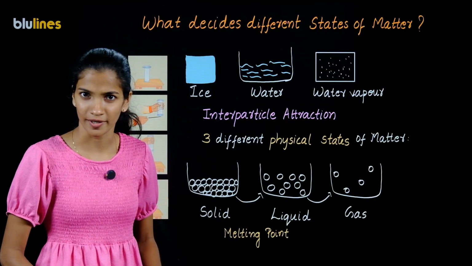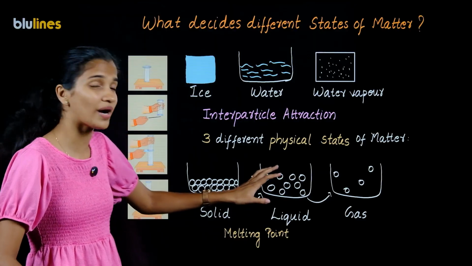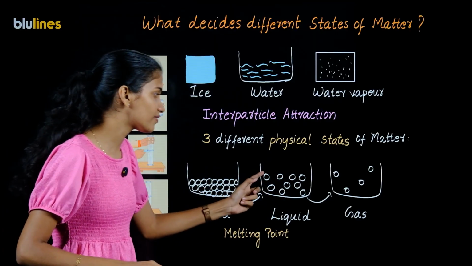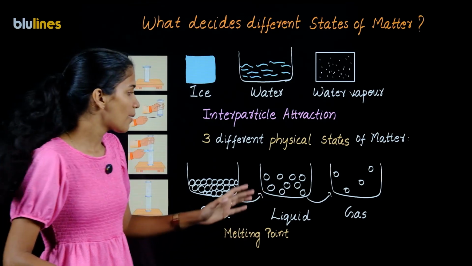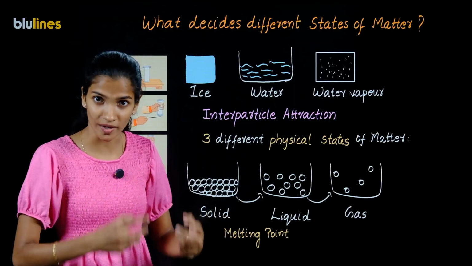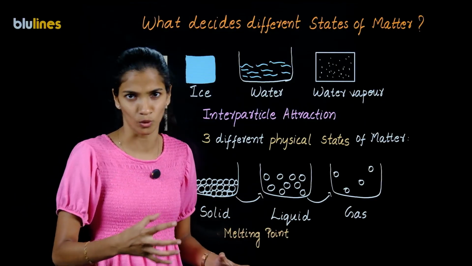In the case of liquids, as you can see, the constituent particles are not that tightly packed. When compared to solids, they have some freedom of movement, but still the interparticle force of attraction is weak. So it is possible for these particles to have a slight movement.